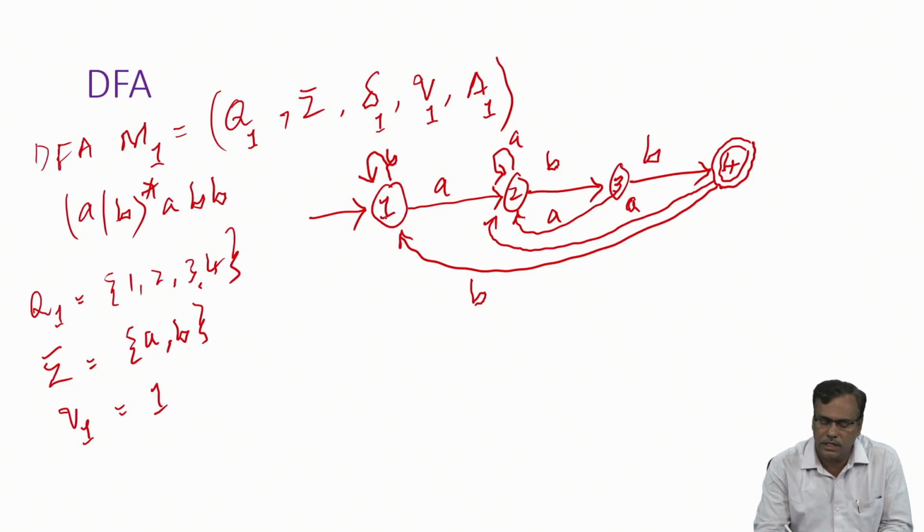The start state will have a directed unlabeled arrow marking towards that state. So here 1 is the start state, and the final state is 4.